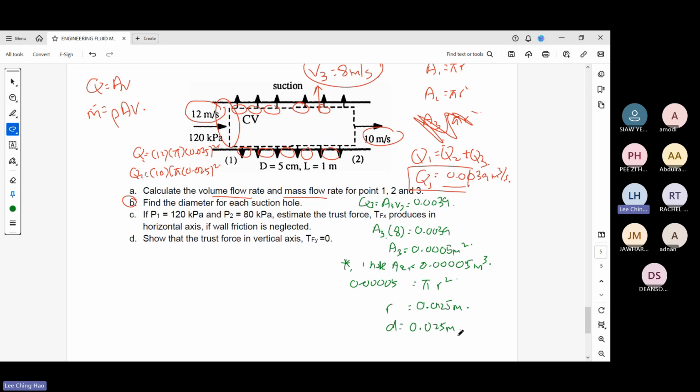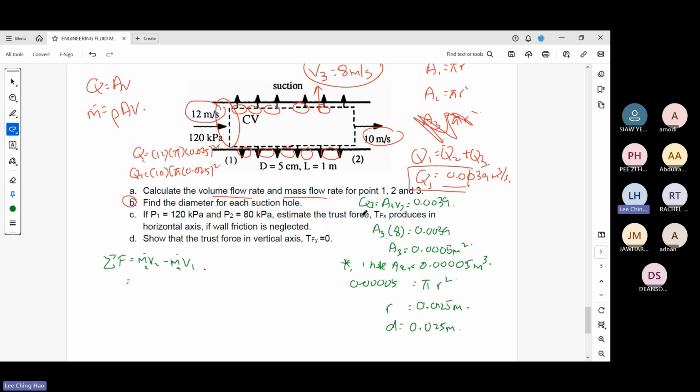Okay, so next, the third part, C, is the force. Before you do the force, you must understand: summation of force equals to m dot v2 minus m dot v1, after minus before. So I always say the right hand side is so simple. M dot you have already, so m dot follows before and after.